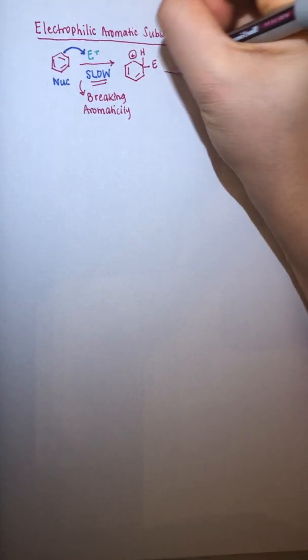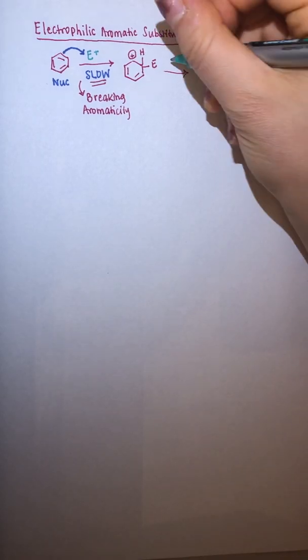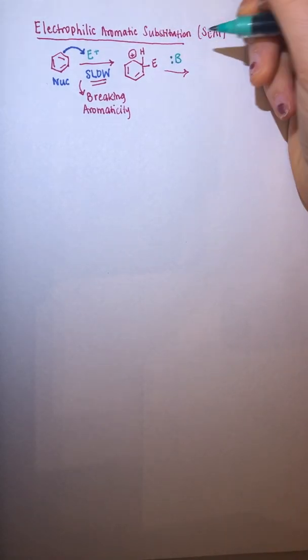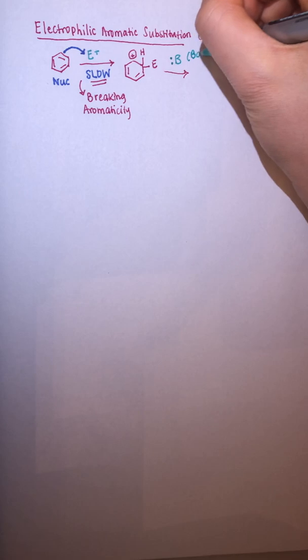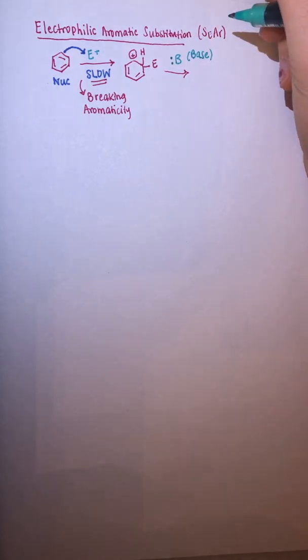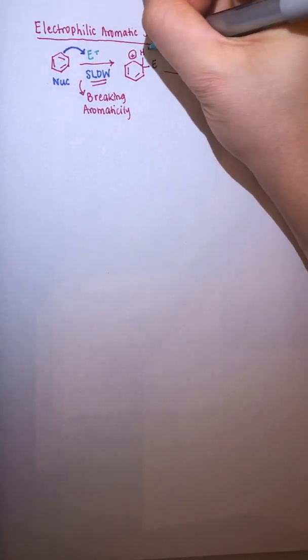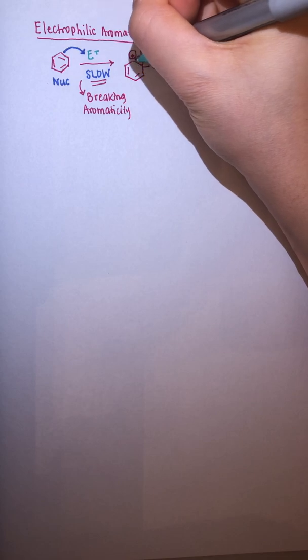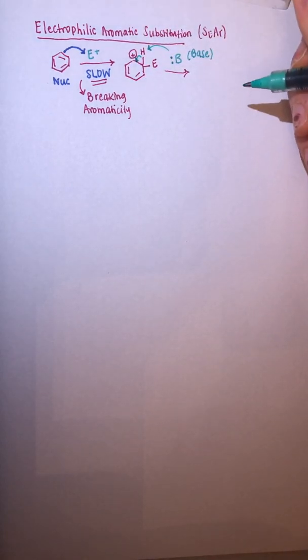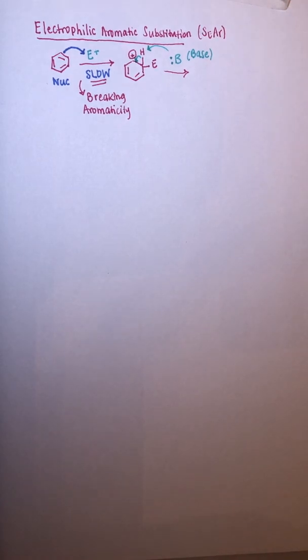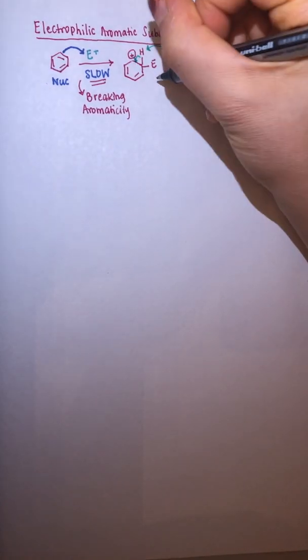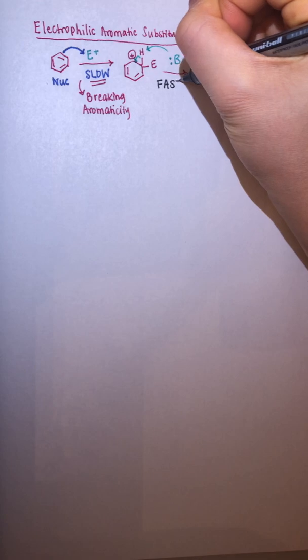All right, so the next step is when you have a base, right? So we'll just do B with a dot to show a base. This base needs to abstract this proton, and the electrons of which will reform the aromatic ring, the aromatic system. As you could guess, this step is going to be fast, right?